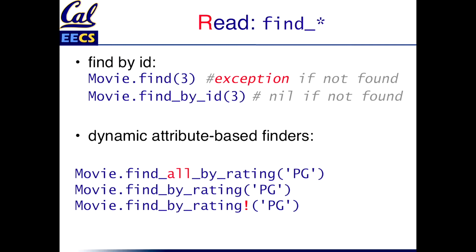And then the rule is if it's find by X and Y and Z, and they're all separated by ands and underscores, and they all match attribute names, then method missing will do its thing. So again, a nice example of allowing you to do a bunch of common cases. You sort of get them for free. And it's not like this code exists somewhere and it's not being used, right? Because it's method missing, this only happens if you actually try to use this feature. So it's not like you've got a bunch of functions sitting around that you're not using.